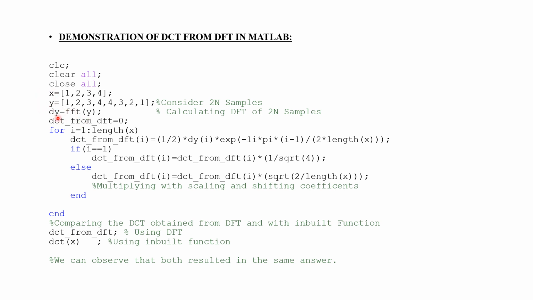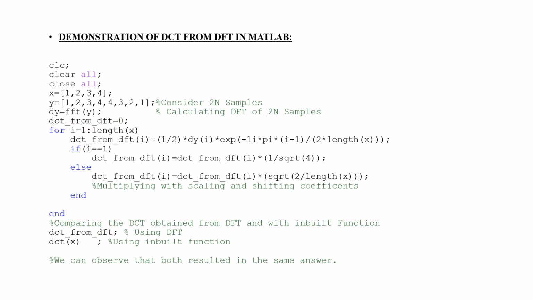So we calculated the DFT of y. Now we will be multiplying this calculated DFT with the scaling and shifting properties. It is done in this for loop. This calculated value is stored in the variable DCT from DFT.